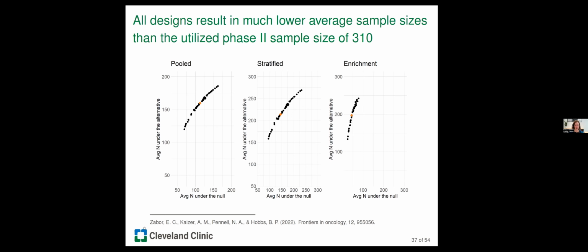I investigated the same posterior and predictive thresholds that I showed in the phase 1 setting, so the 40 different designs. You can see here that all designs result in much lower average sample sizes than the utilized phase 2 sample size of 310 patients, which was the actual realized sample size of the atezolizumab phase 2 study. This orange point represents the optimal efficiency design on each plot.